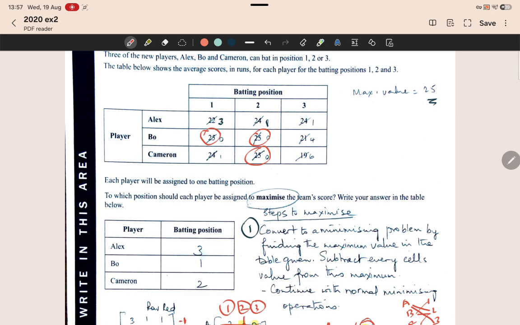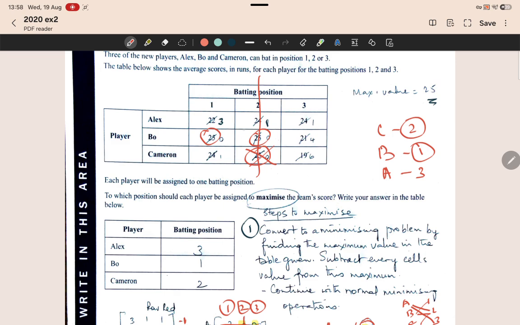Looking at C, he has maximum score only in position 2. So we will allocate C to 2. And that takes away the second position. Now you're left with a really high maximum score for B at 1. And so B is given 1, and automatically A gets 3.